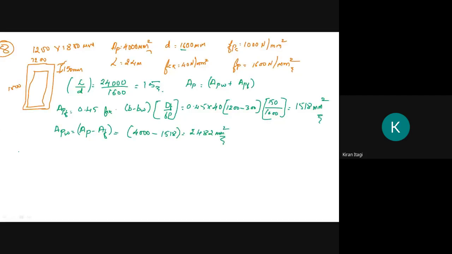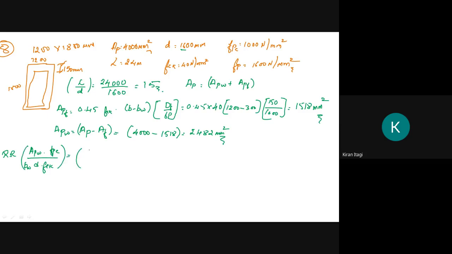Then same procedure, reinforcement ratio. We have the formula APW into FPE after all the losses, divided by BW into D into FCK.